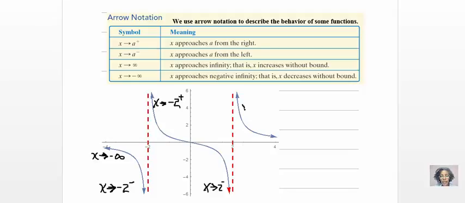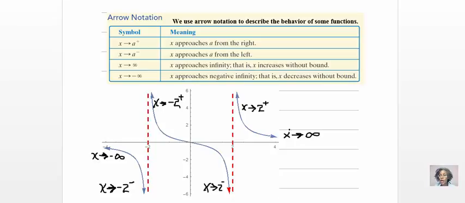Here, x is approaching 2 from the right. And here, x is approaching infinity. So another way to say this is that x is increasing without bound. So this is our arrowhead notation.